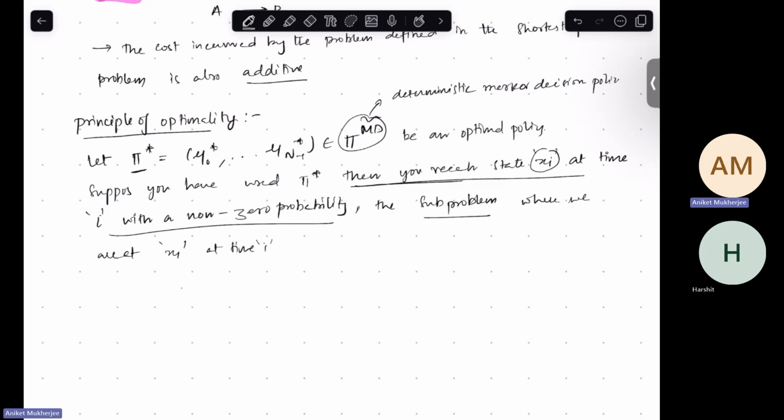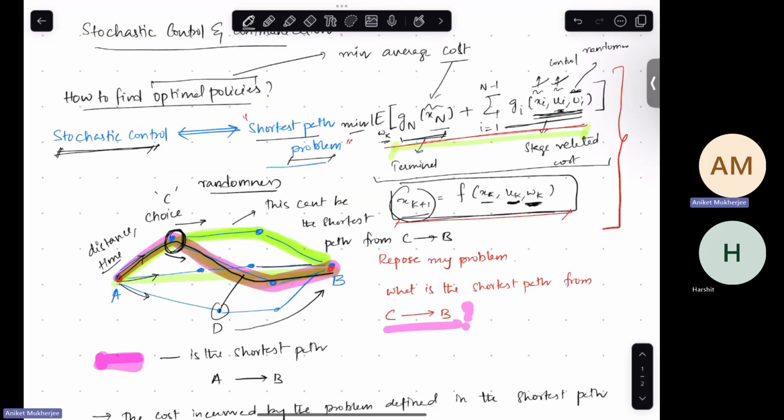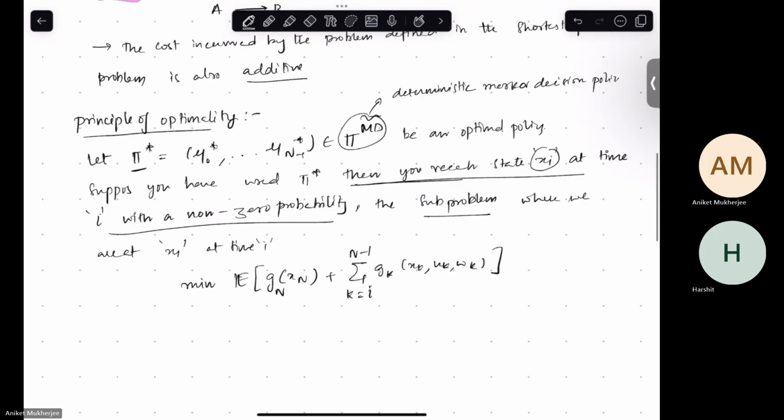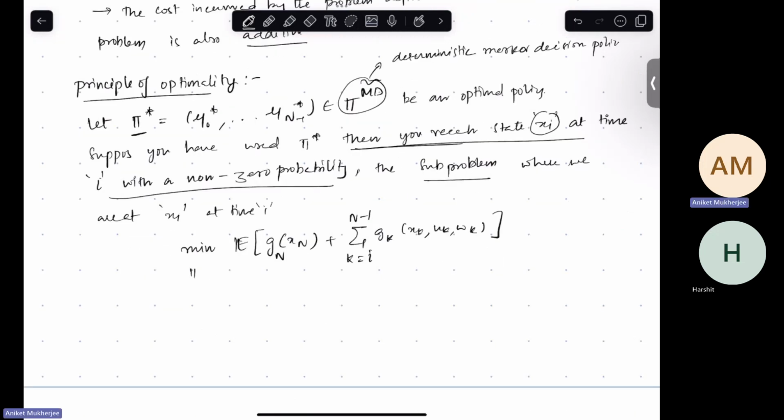Now this sub-problem is of minimizing your expected cost, but not from 0, the cost sum over k will not be from 0 to n minus 1. It will be from i to n minus 1, of gk, xk, uk, wk. Now you want to find pi over this subproblem.